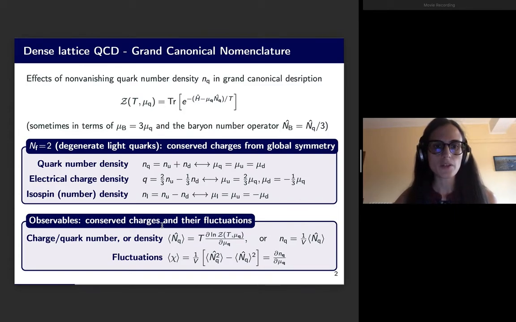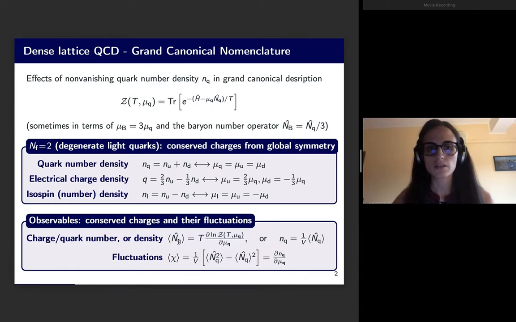And the observables that we can then consider in a similar setup, on top of what we already saw at finite temperature, that can be generalized to the case of non-zero temperature and density, are charge or quark number densities, such as n_q, where its expectation value is given by a derivative with respect to the quark chemical potential of the logarithm of the partition function.